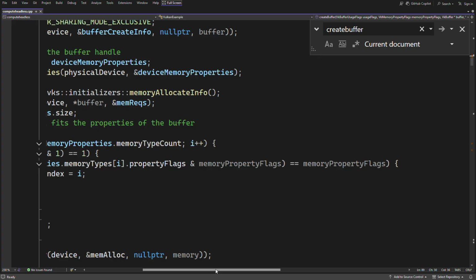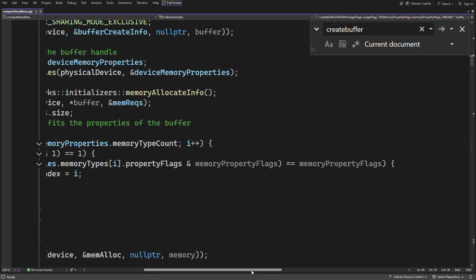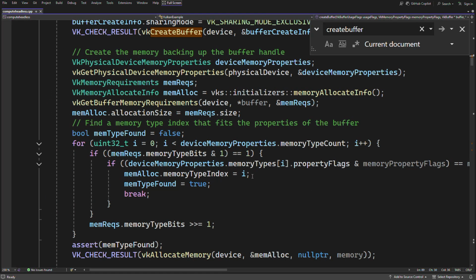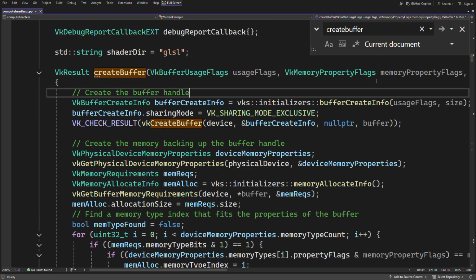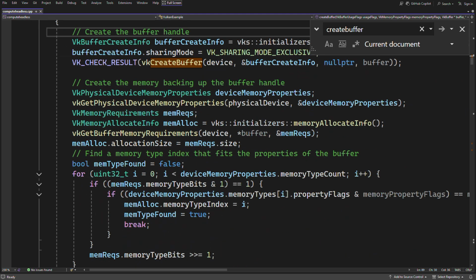So if this statement is true, then we get what we want, and then we assign that memory type, and memory type found equals true, and then we break out of the for loop because now we have found what we wanted to. We don't need to loop anymore because we've found what we wanted, right? Notice that it's this memory property flags it's matching up against.